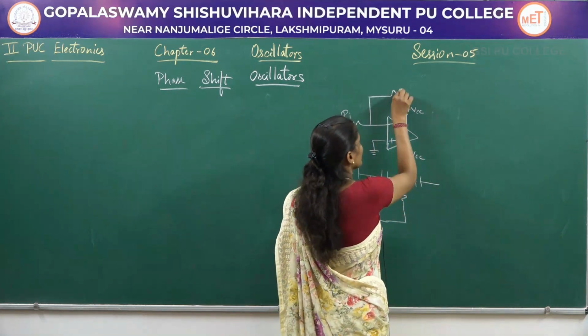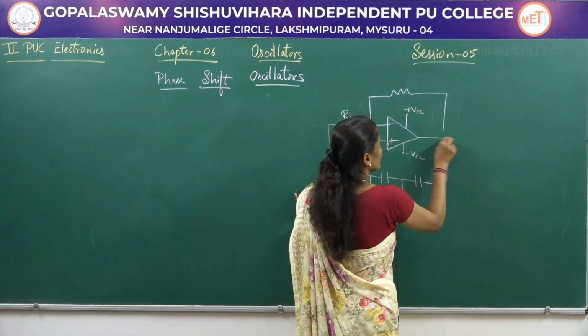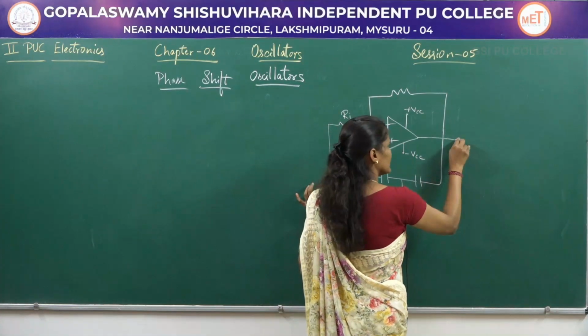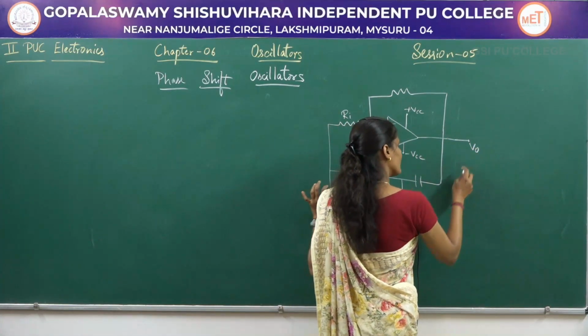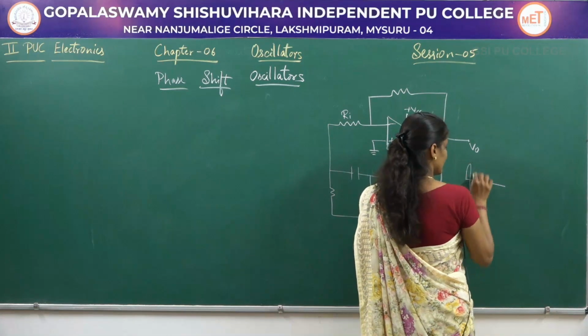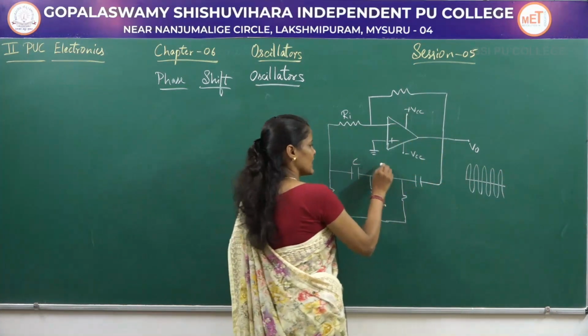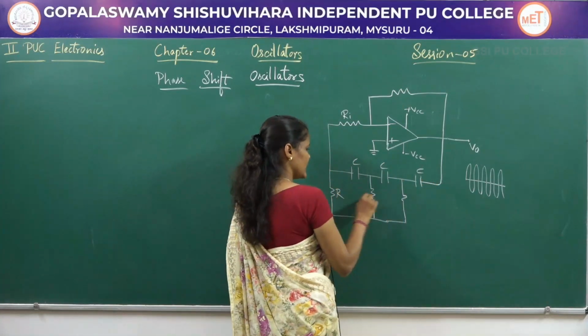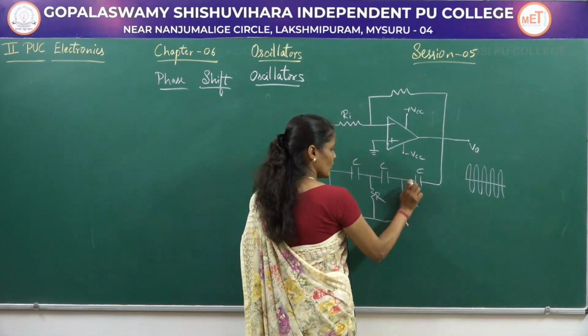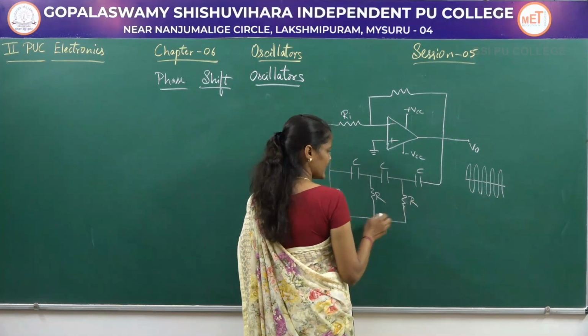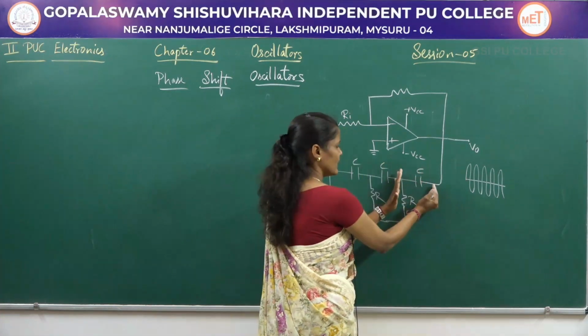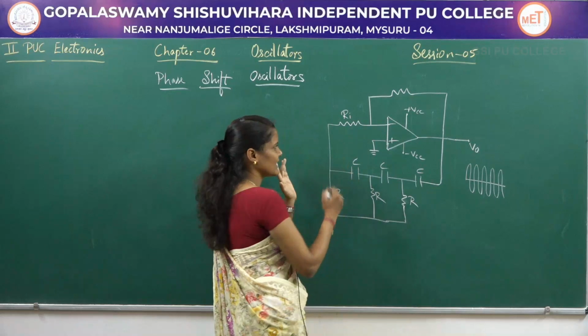And here we will be having a feedback resistor. Here we will be extracting the output signal, which is named as V0. So these are the capacitors, these are the resistors. So I am having 3 sets of RC network. This is one set, this is another set, and this is the third set.